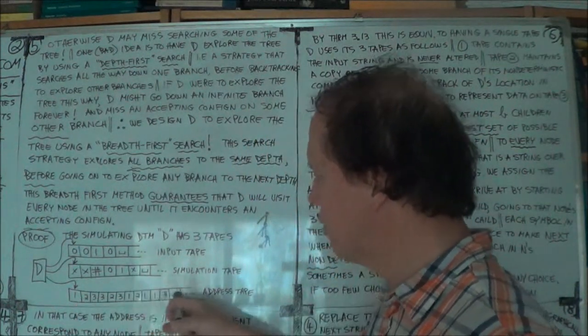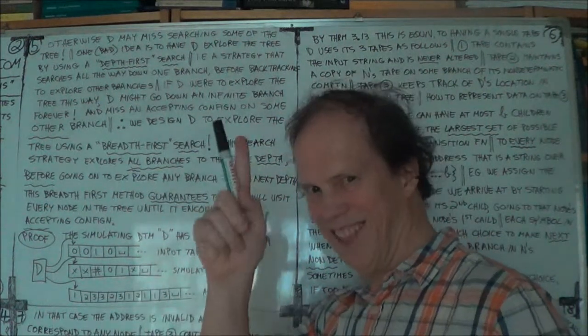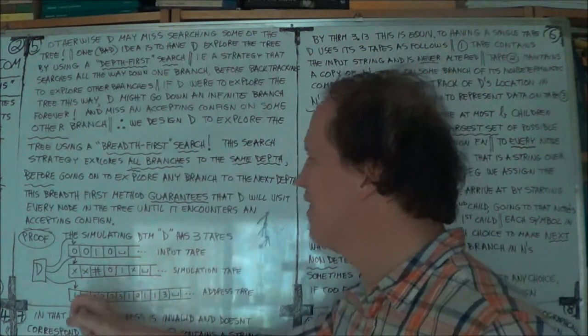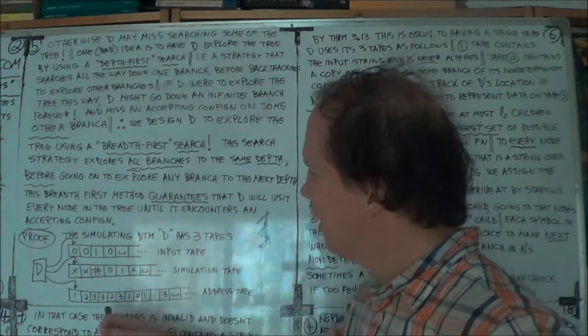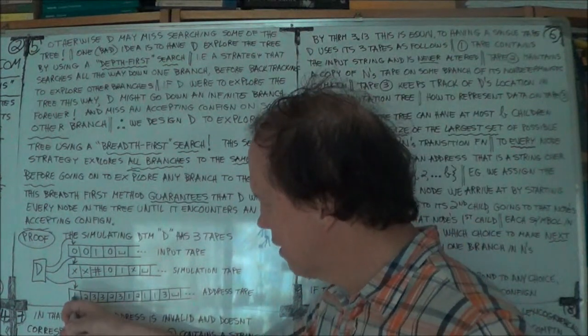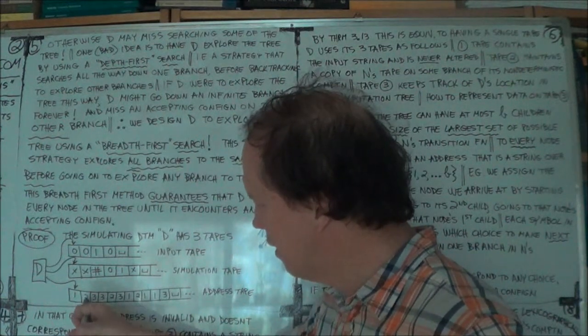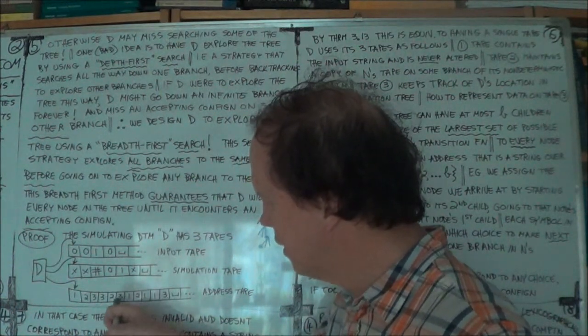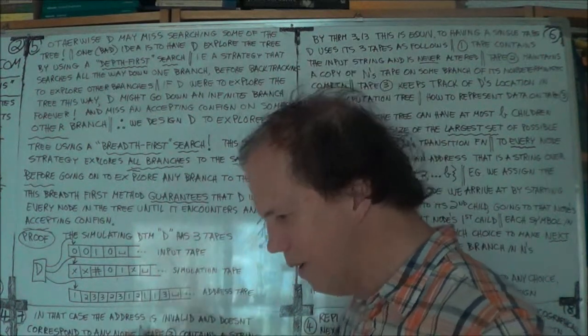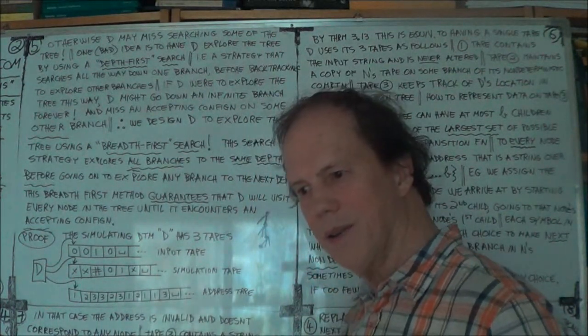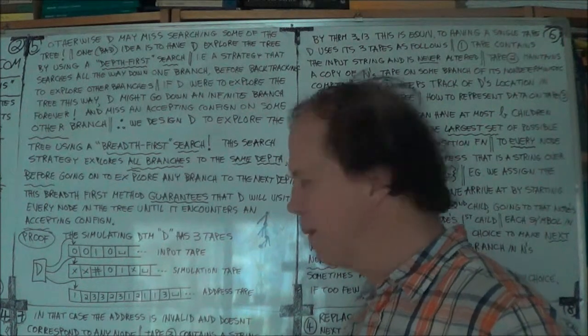As you go down, you may ask, where does this address come from? Next session. But given that you have this address in the third tape, what you do is you just go down from this node to that node. So each step here, you're going down a further node, deeper down the tree.